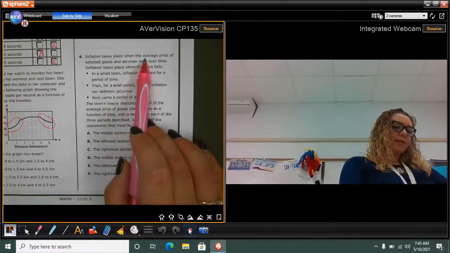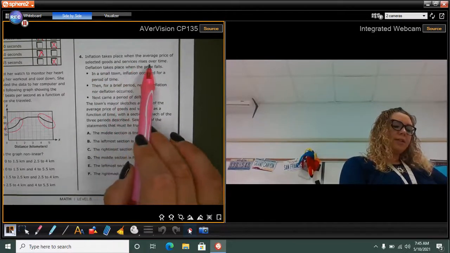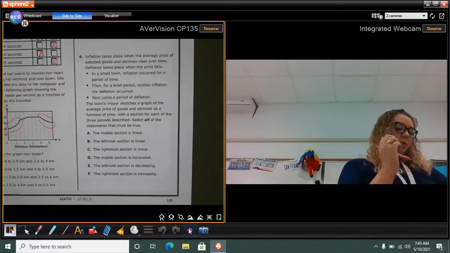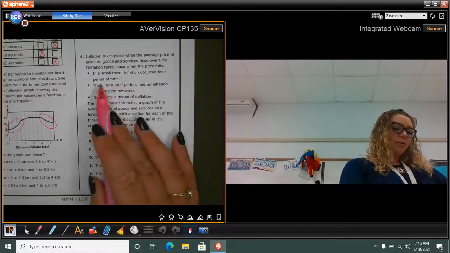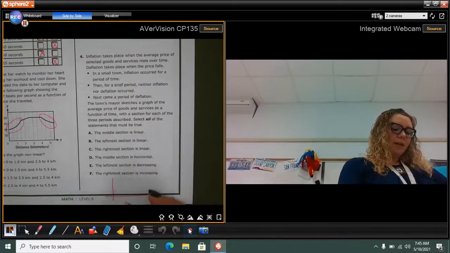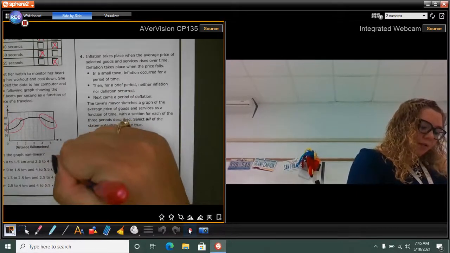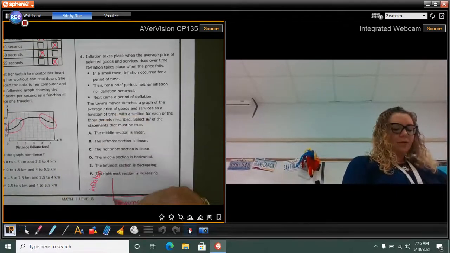Inflation takes place when the average price of selected goods and services rises over time. Deflation takes place when prices fall. So I'm going to draw a graph so we can see this. In a small town, inflation occurred for a period of time. So this is time. This is going to be inflation. And this is going to be a curve.